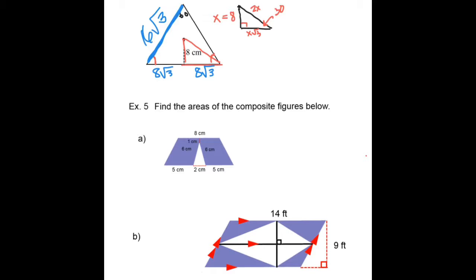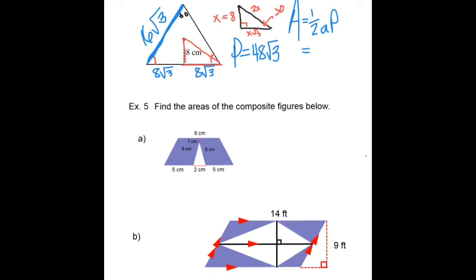So I think we have all the information that we need to calculate the area. Remember that the area of a regular polygon is 1/2 times the apothem times the perimeter. Well, the perimeter of this shape, 3 times 16 is 48 root 3.